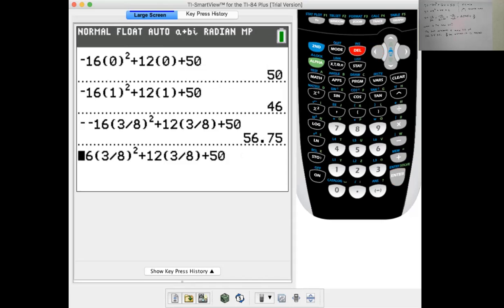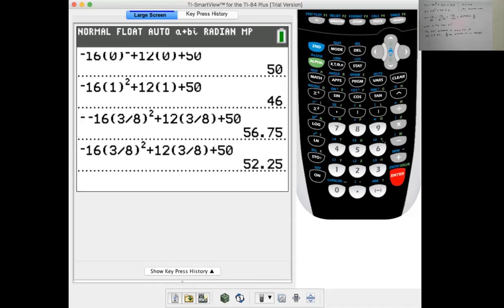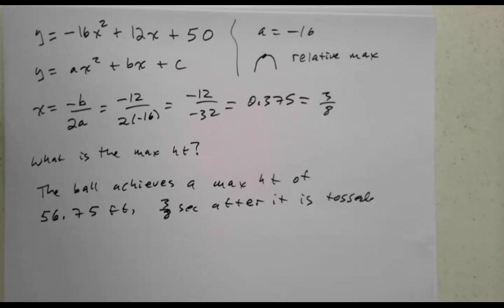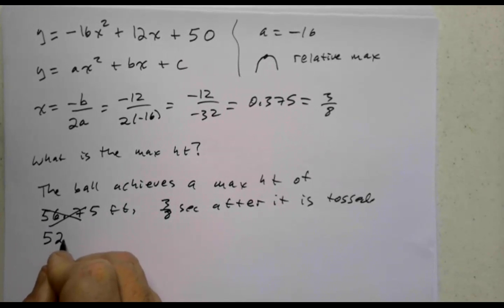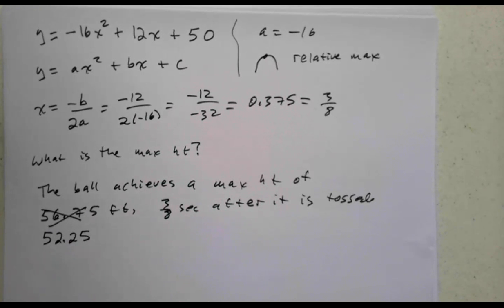It's going to let me delete it. There we go. I need one of them, not two of them. Now I'm going to hit enter and change it to 52.25. So let's go ahead and fix the page. So it wasn't 56.75, it was 52.25, once we notice the typo on the calculator.